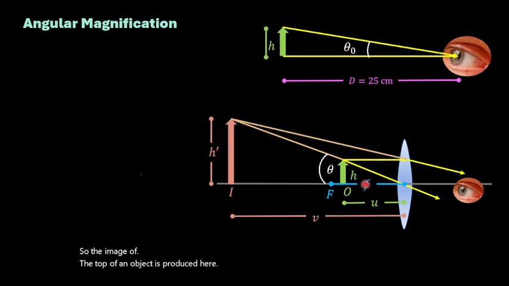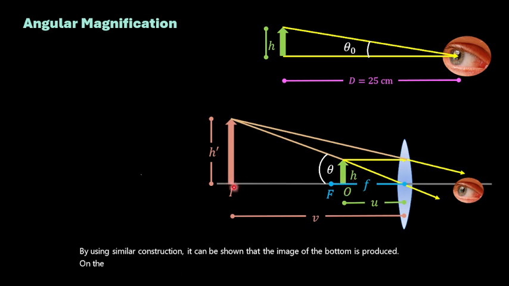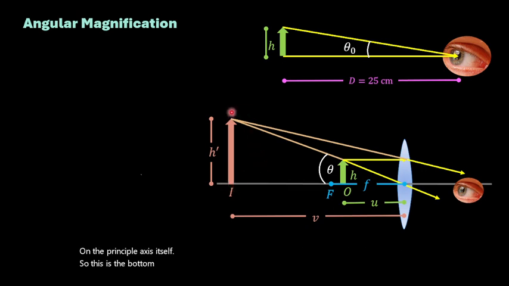By using similar construction, it can be shown that the image of the bottom is produced on the principal axis itself. So this is the image of the bottom of the object and this is the image of the top of the object. And we see that the image has a larger size than the object. And this is how this converging lens produces an enlarged image of a smaller object.